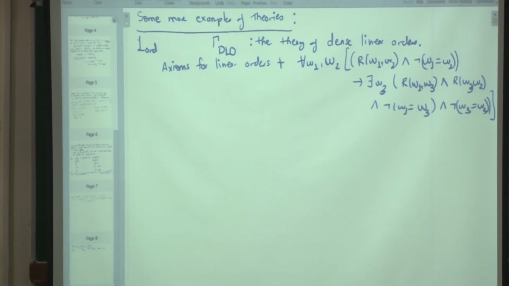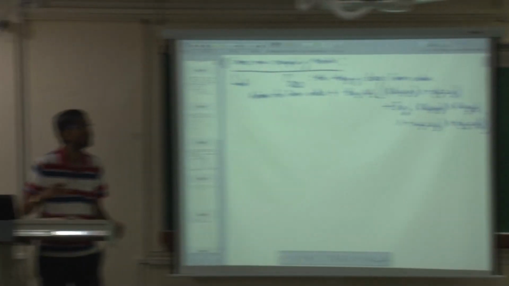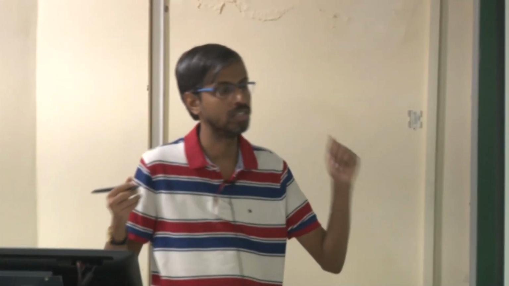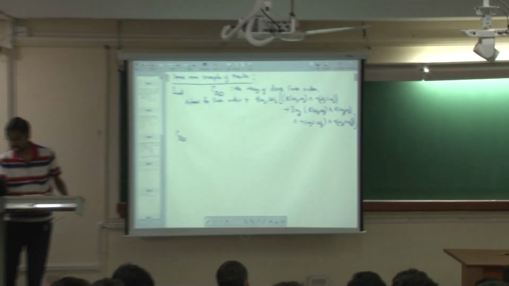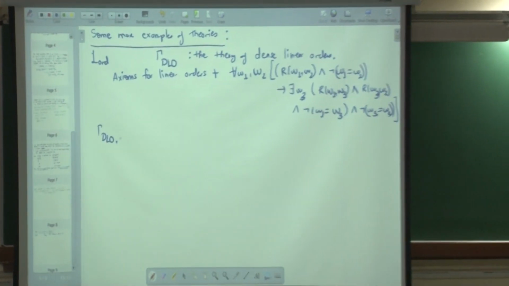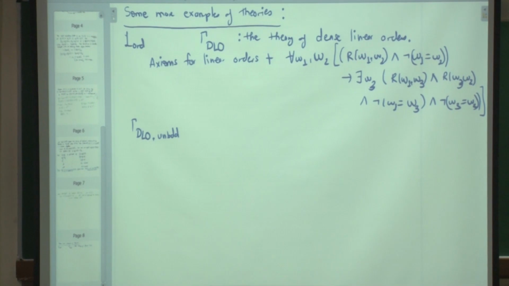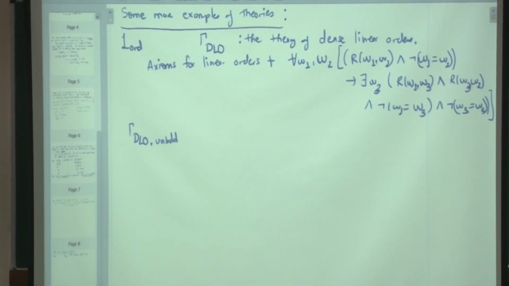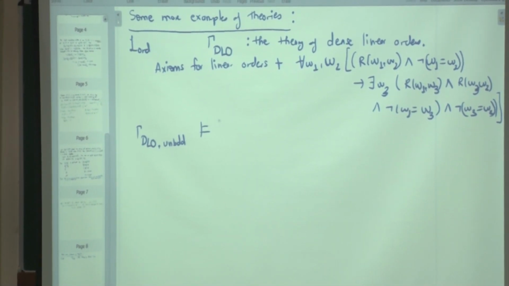Do you know any examples? Q. Very good. So theory gamma DLO, and perhaps I should say no minimum, unbounded. Yeah. No minimum, no maximum. One such model is rational numbers.